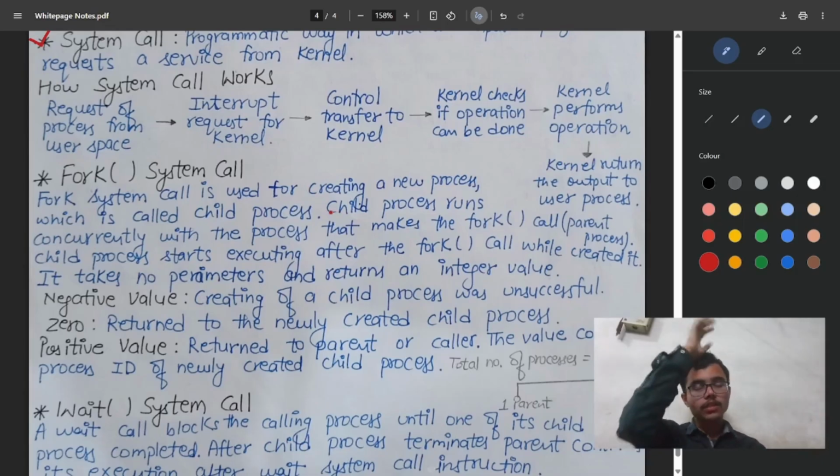So a programmatical numerical question comes from here, not a theoretical one. A process makes a fork system call, and parent and child start after the fork call. It takes no parameter and returns an integer value.